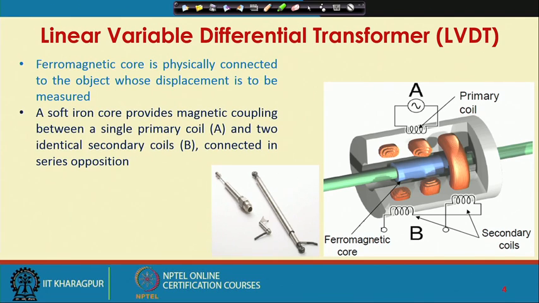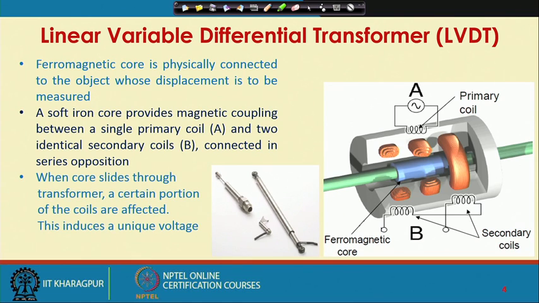A soft iron core provides magnetic coupling between the single primary coil and two identical secondary coils which are connected in series opposition. When the core slides through the transformer, a certain portion of the coils are affected. This induces a unique voltage. So, this is the LVDT.